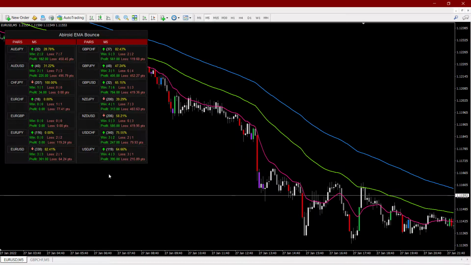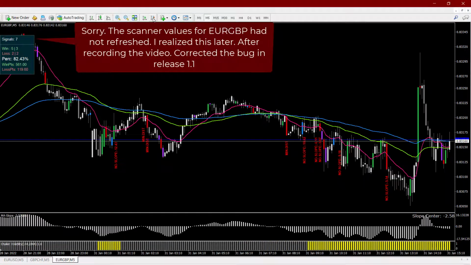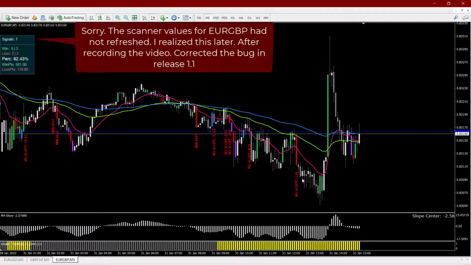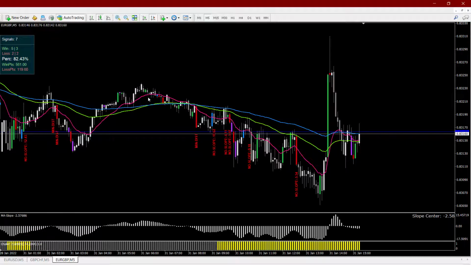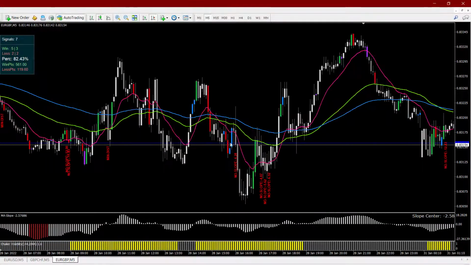So let's take a look at maybe this one because we don't have any signals right now. For the past 1,000 bars, the market has been mostly ranging, and you can find the market trends when these moving averages separate. That would mean that the market is trending.